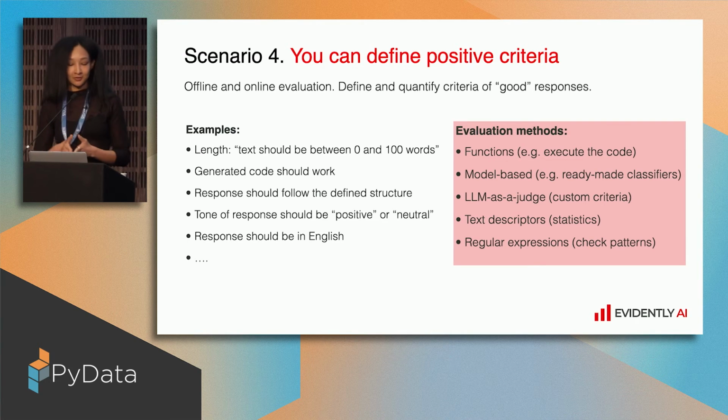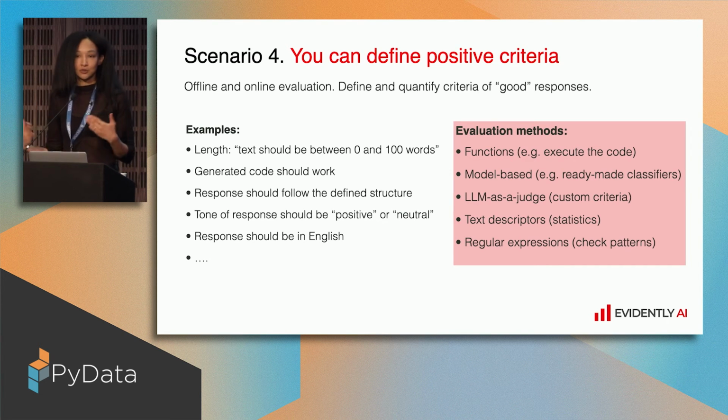For instance, it can be a criterion that the good answer should be between 50 and 100 words. Or generated code should work. Actually, this is pretty obvious, right? Or the response should follow the defined structure, like start with hello and say thank you at the end. Maybe tone of voice, or the response should be in French or English or Dutch, right? So there are quite a lot of rules we can assume as good signals or positive criteria.